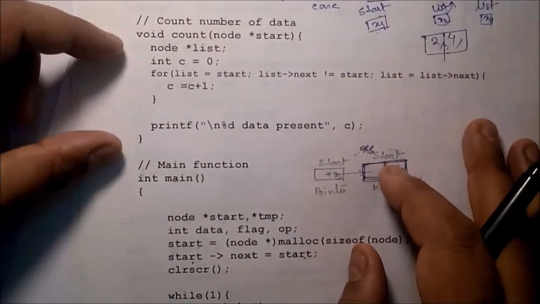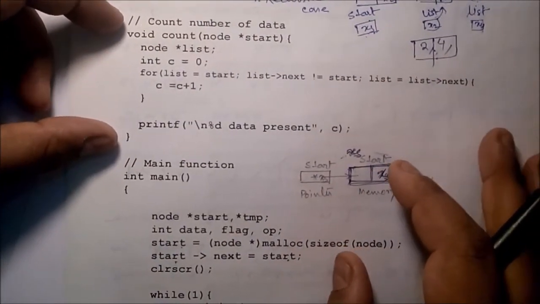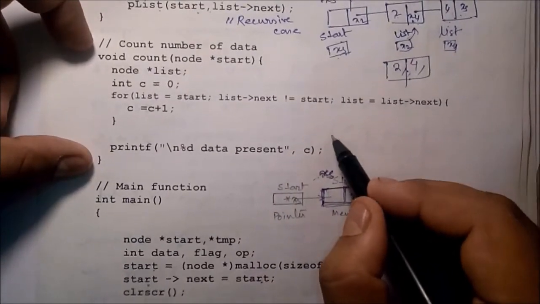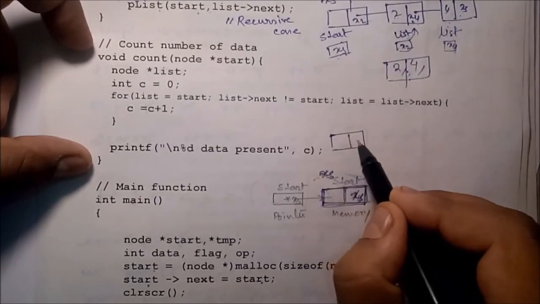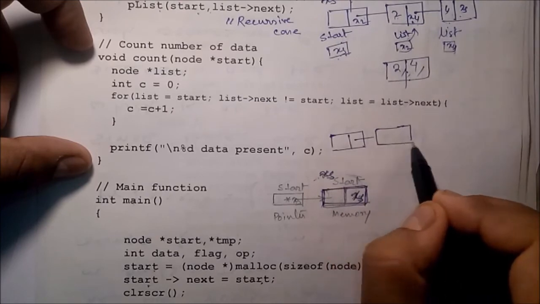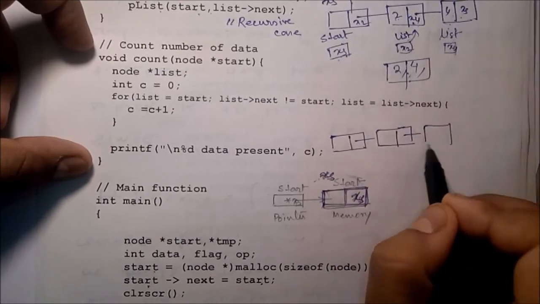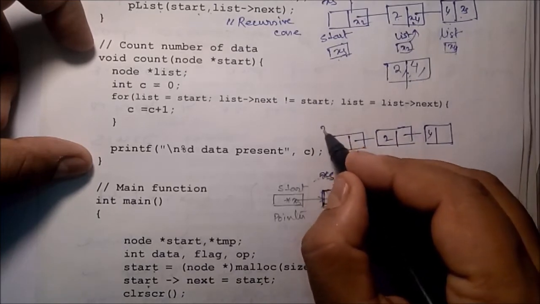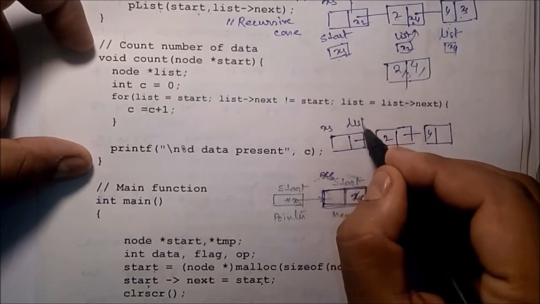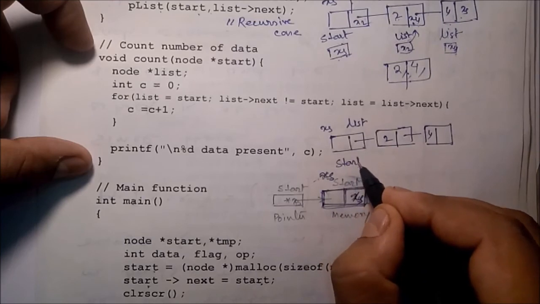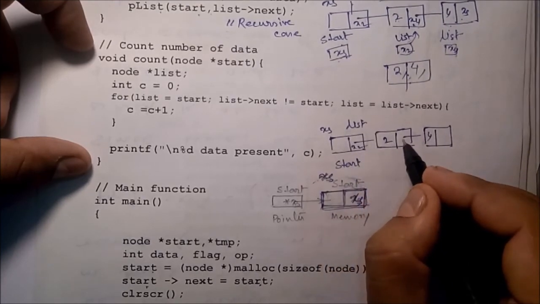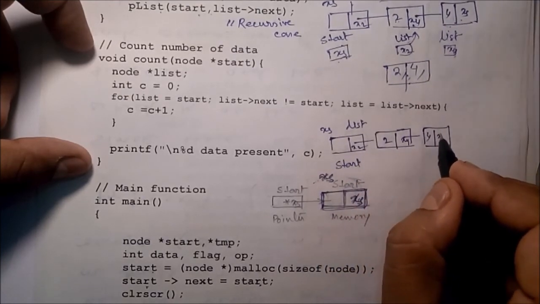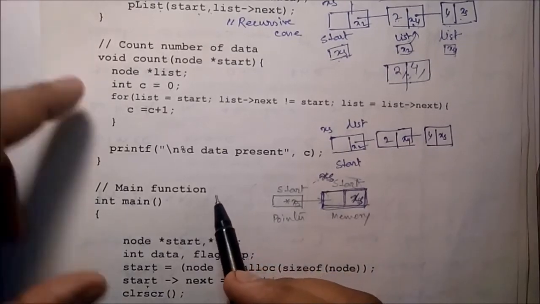Now this is the count function, the last function. Clear? Now suppose the situation is this one, say 2, 4. It is list and start both. Here x2 is there, x4 is there, and xs is there.